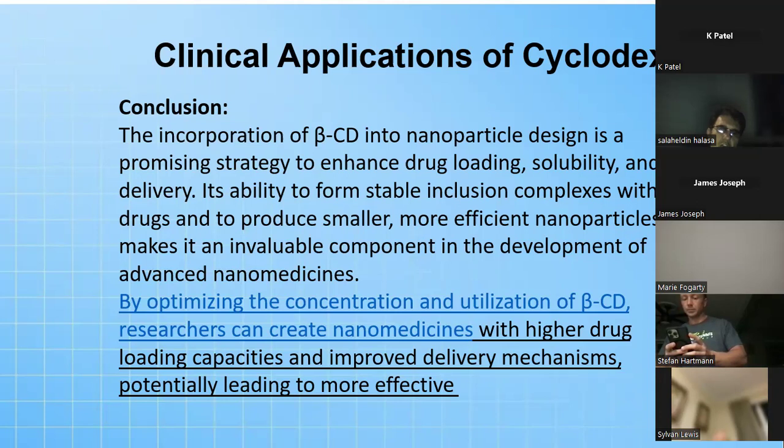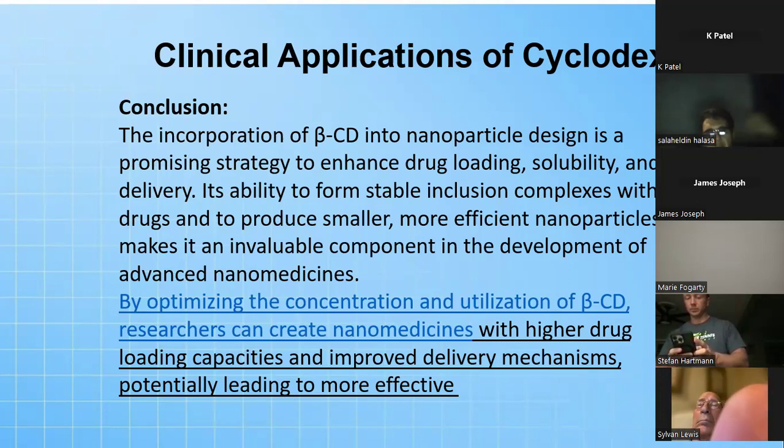So the conclusion: the incorporation of beta-cyclodextrin into nanoparticle design is a promising strategy to enhance drug loading, solubility, and delivery. Its ability to form stable inclusion complexes with the drug, and to produce smaller and more efficient nanoparticles, makes it a valuable component in the development of advanced nanomedicine, right?